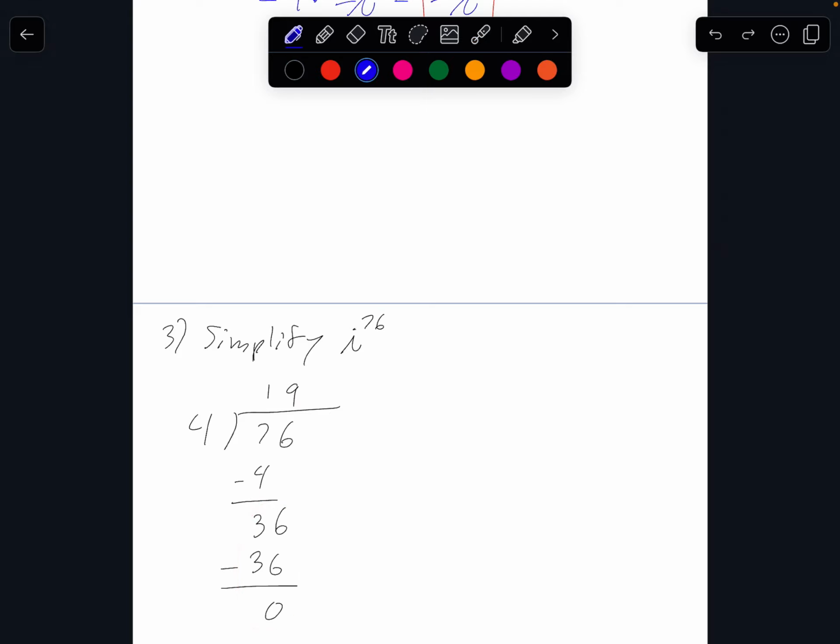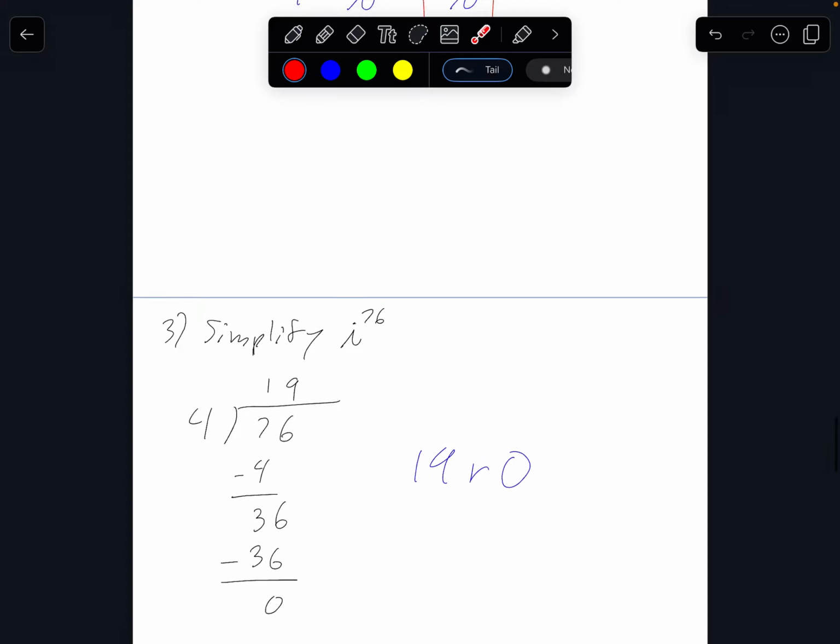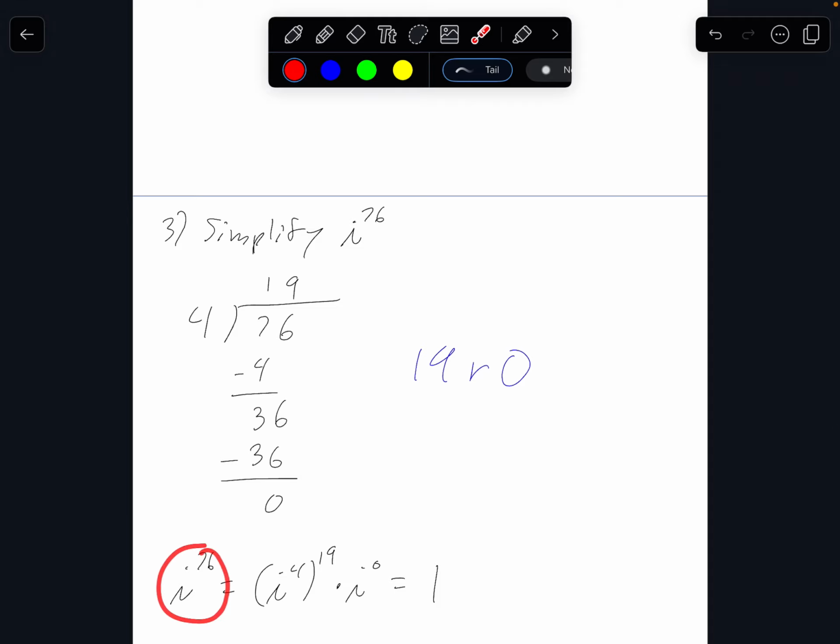No, sorry. We got an answer of 19 with the remainder of 0. So i to the 76th power we can rewrite using i to the 4th with parentheses raised to the 19th, times our leftover, which actually is not a leftover, but still has to be written down so that we can generate our final answer, which is equal to 1 times 1, which is 1.